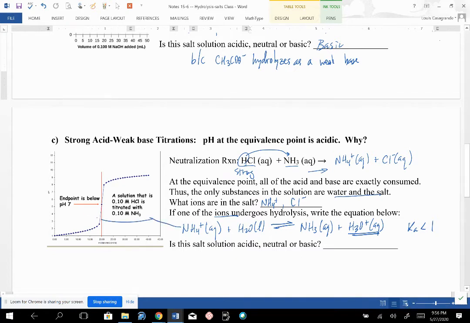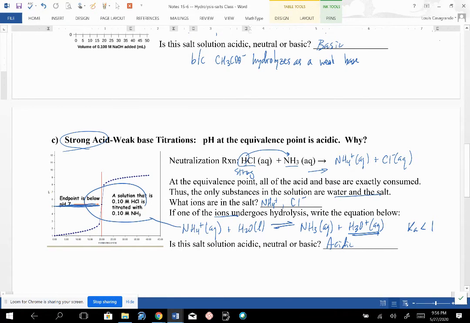So this is going to give us a pH below 7, it looks like it's about a 5, which is what we saw up above. And so this is going to be an acidic solution. And so the equivalence point is going to be acidic. So this is always going to be the case when you have these things, different strengths, acid and base. Notice, again, mnemonically, the strong acid made an acidic solution.